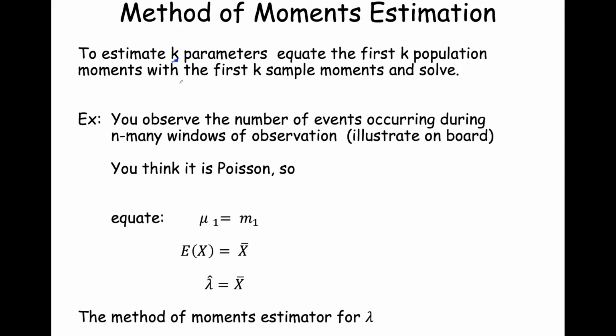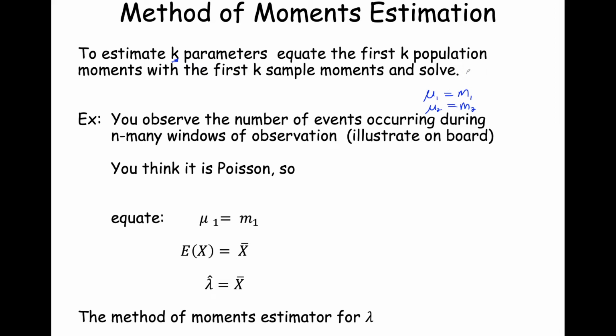And so in order to come up with estimators for k many parameters, what we're going to do is take the first k population moments, where k is equal to 1, 2, 3, and so forth, and we're going to equate them with the first k sample moments. So that means if we have the first population moment, we're going to equate that with the first sample moment. If we have a second population moment, we're going to equate that with the second sample moment. Now, how do we know whether we use 1 or 2?